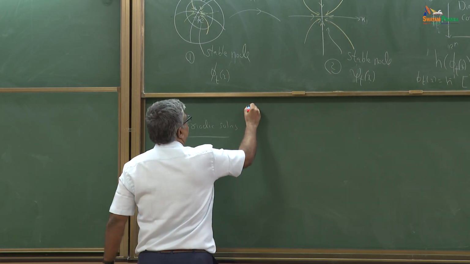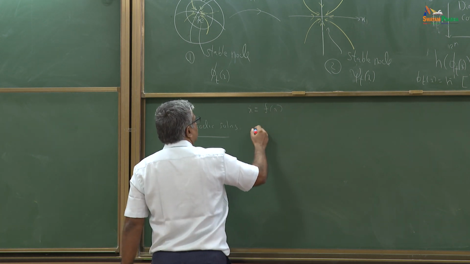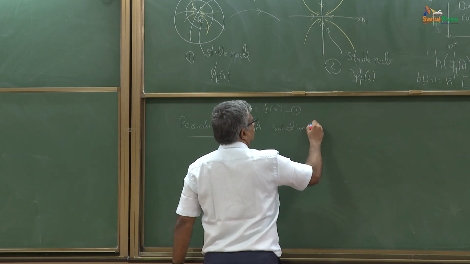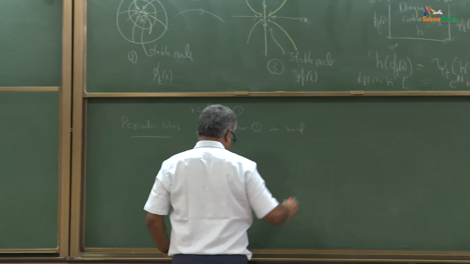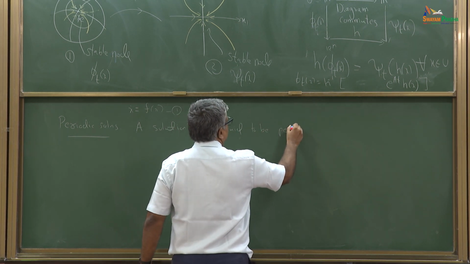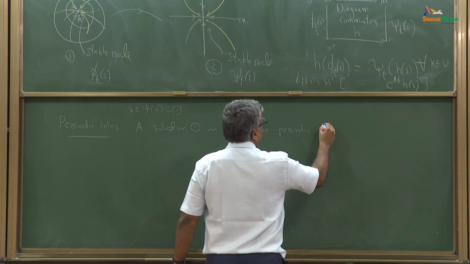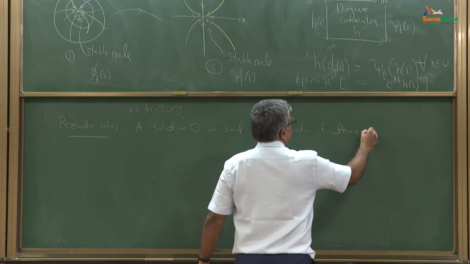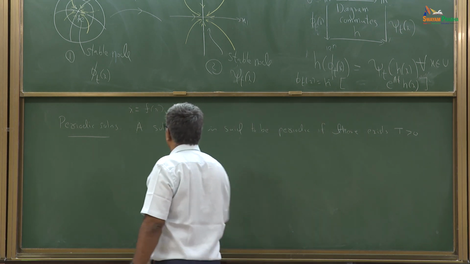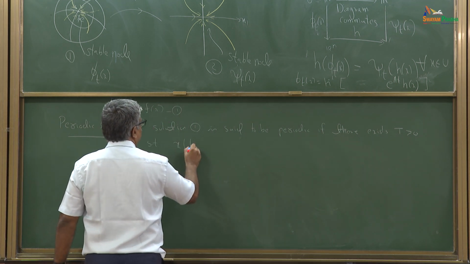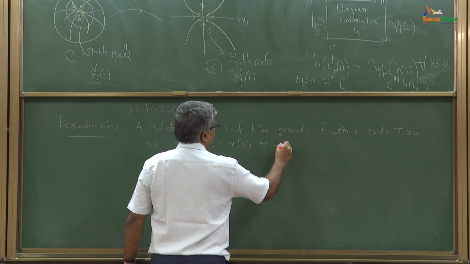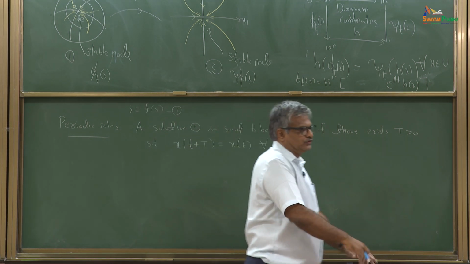So we have again x dot is equal to f of x, right? The solution repeats itself.